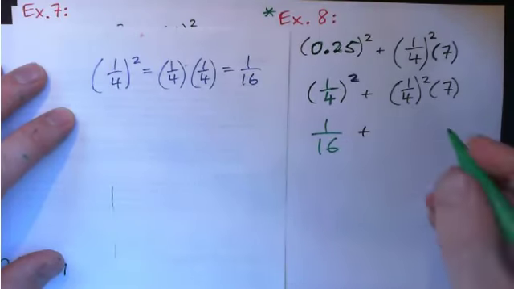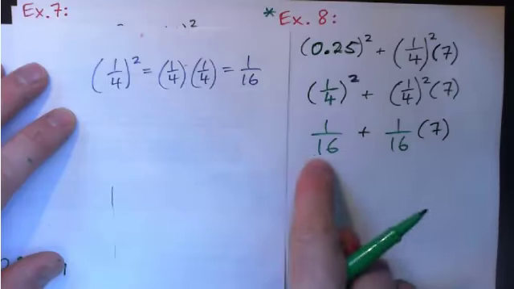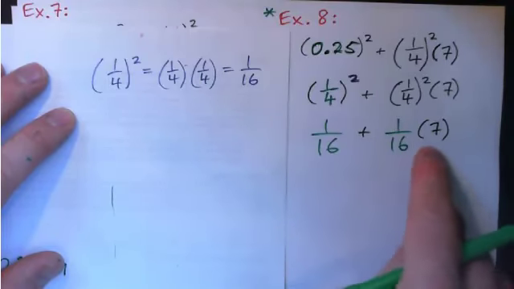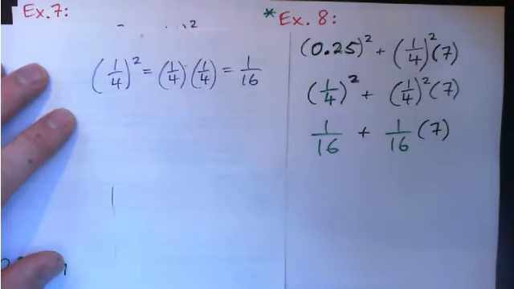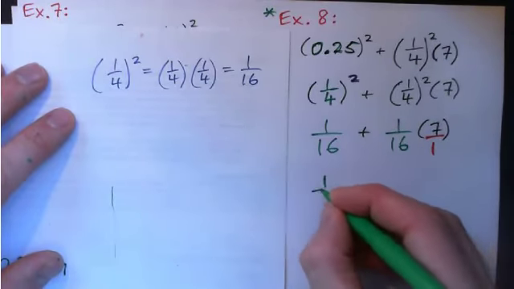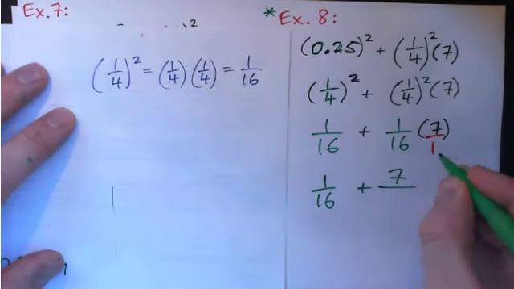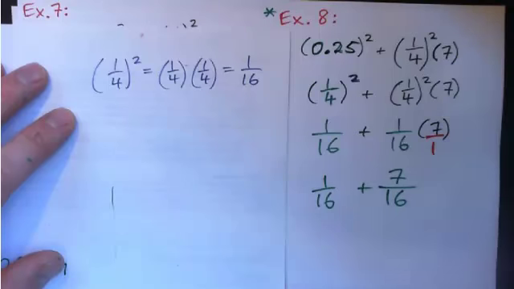And of course I have 1 over 16 times 7. Now I'm going to see that, look, I'm adding the same type of fractions here, really, haven't I? So what I'm going to do is turn the number 7 into 7 over 1. And then I'll have 1 over 16 plus 1 times 7 is 7 over 16 times 1 is 16.